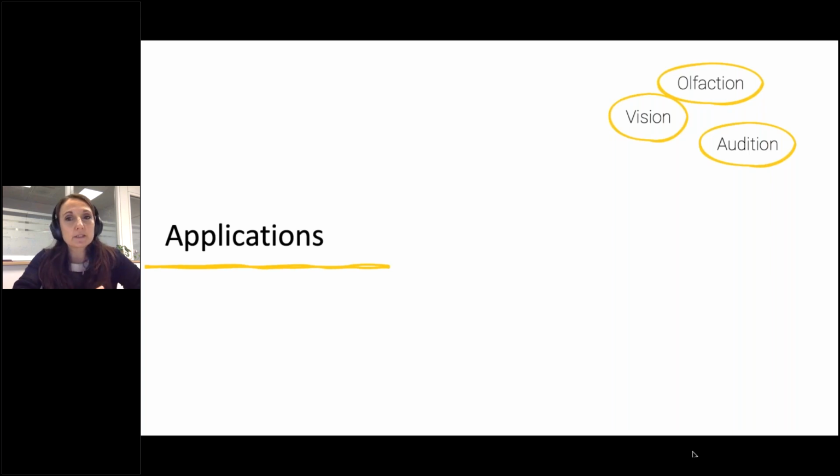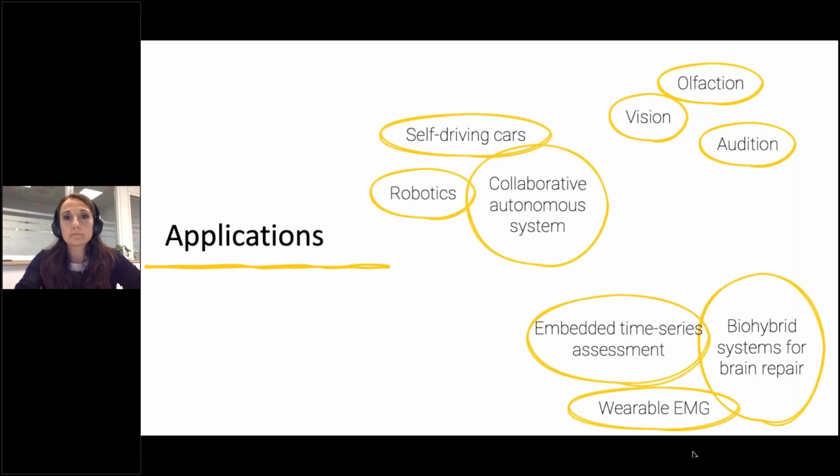We can also have touch, for example, all trying to replicate how biological systems perform the acquisition of information from the environment, and using this information to develop efficient systems to extract meaningful quantities that can be used for applications. And in terms of applications, for example, we have self-driving cars, robots, and collaborative autonomous systems.